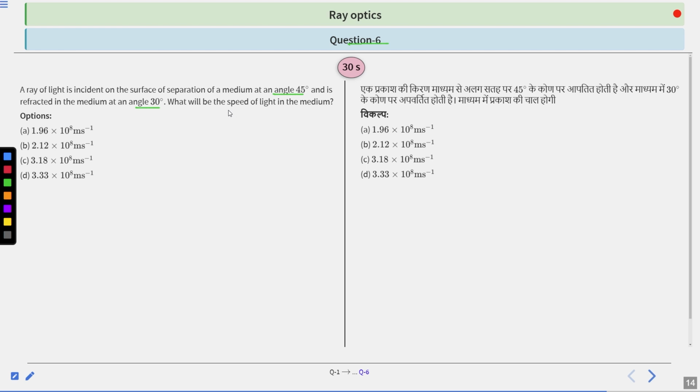The options: option A is 1.96 into 10 raised to the power 8 meter per second, option B is 2.12 into 10 raised to the power 8 meter per second, option C is 3.18 into 10 raised to the power 8 meter per second, and option D is 3.33 into 10 raised to the power 8 meter per second. Which option is correct? You have some time to solve this question. After that, we will provide the solution.